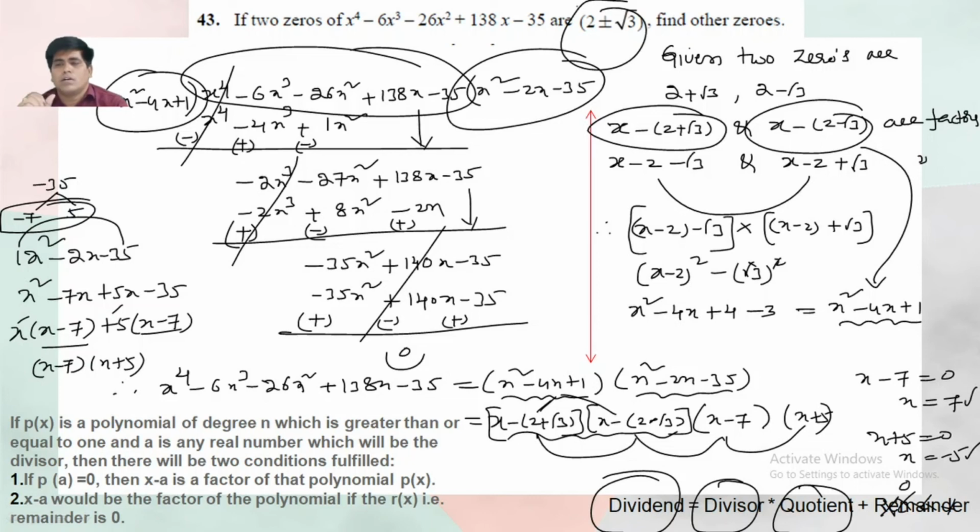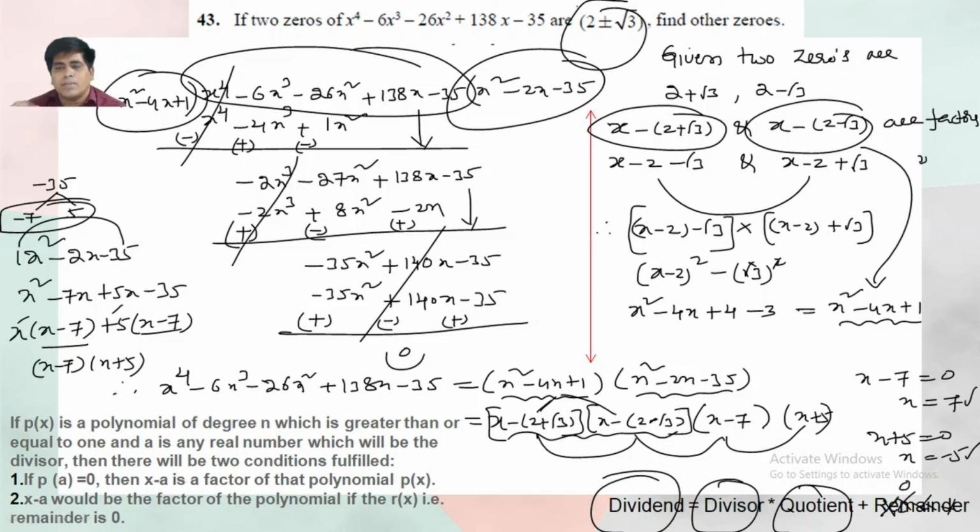So once again briefly, when 2 plus root 3 and 2 minus root 3 are the zeros, you have to convert them into the factors. I have converted them into the factors x minus of 2 plus root 3 and x minus of 2 minus root 3. These two factors I have multiplied, and I got x square minus 4x plus 1. This is also a factor for the given polynomial.